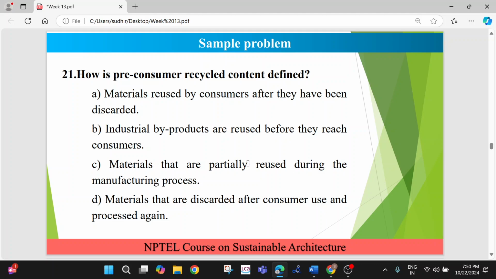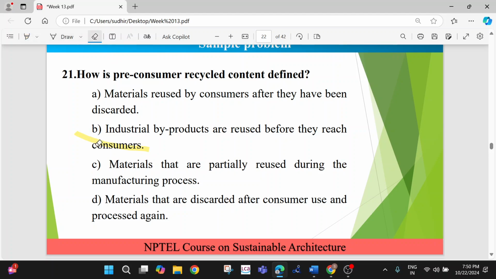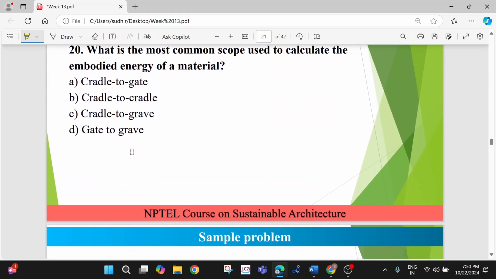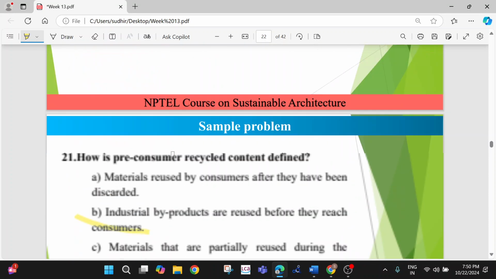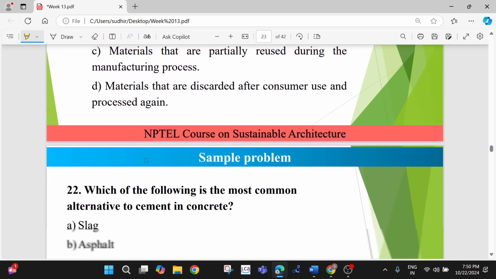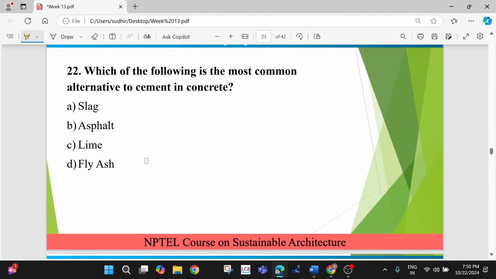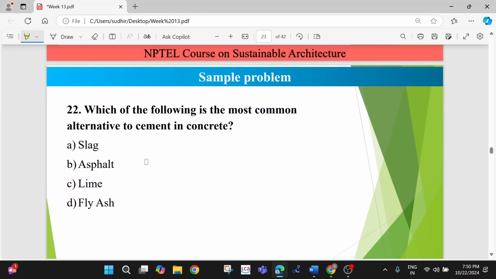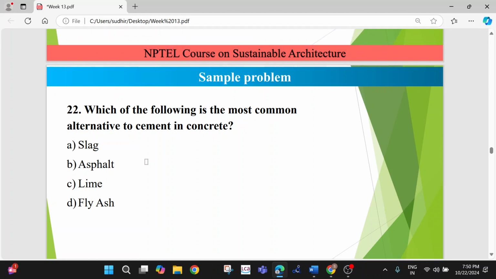So let me mark it as well. Yeah, I just marked it. So let's move to the next question, question number 22. Here is question number 22. Which of the following is the most common alternative to cement in concrete?